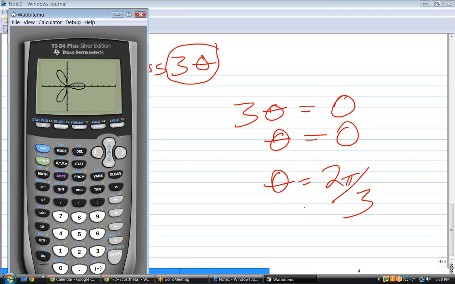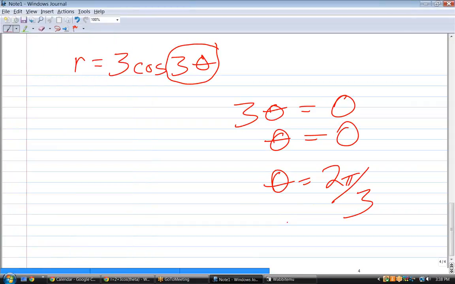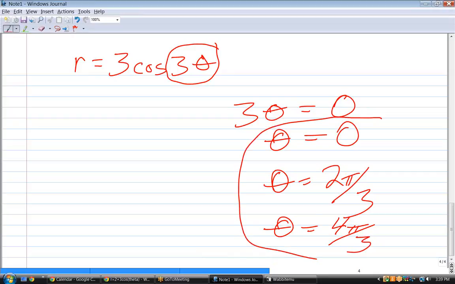That has to be a theta of 4 pi over 3, making 3 theta 4 pi, making cosine of 4 pi 1. So those are the 3 places where r reaches a maximum, and r is 3 at all 3 of those angles.